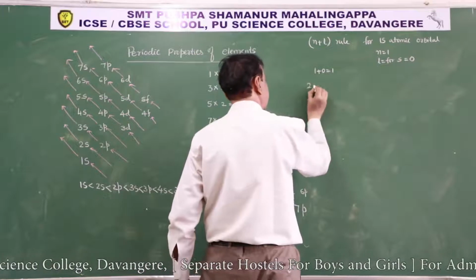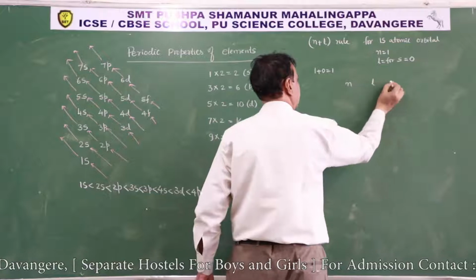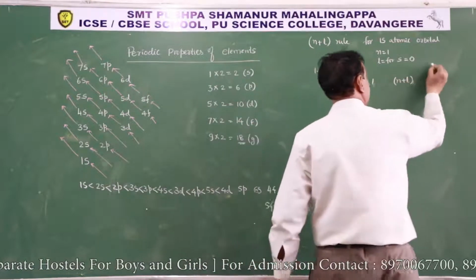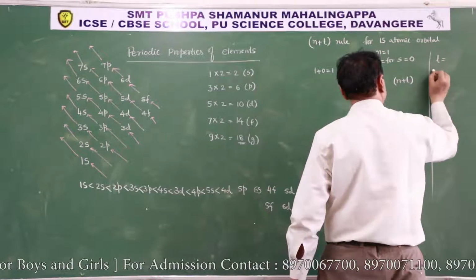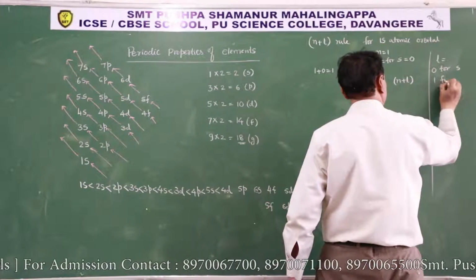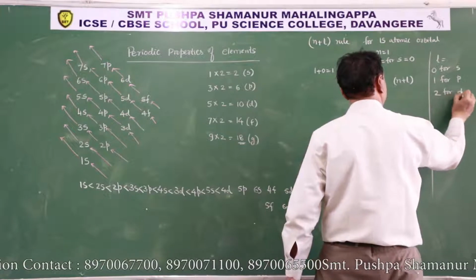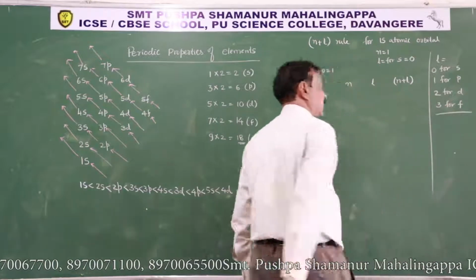Similarly, for 2s atomic orbital, you can record the n value, L value and n plus L value. Assume L value is equal to 0 for s atomic orbital, 1 for p atomic orbital, 2 for d atomic orbital, and 3 for f atomic orbital.